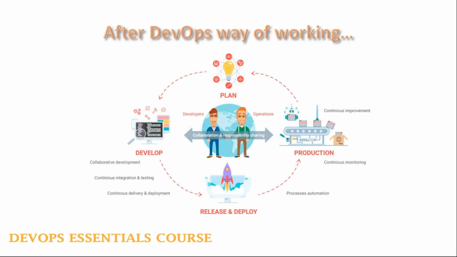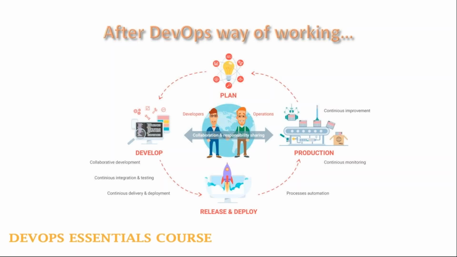If there is an enhancement, that also needs to be planned: how much cost will be involved, who is going to work on it, how many days it will take. All of that will be in the planning phase. So from production, there is a relation to the planning phase. Any queries? Yeah, that's good.